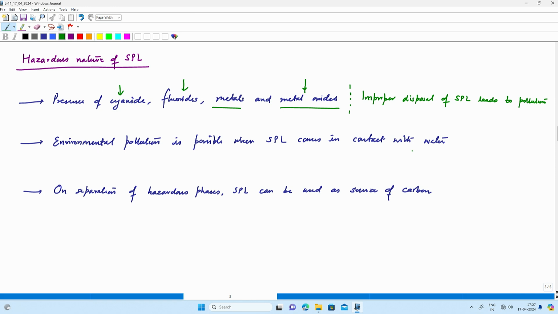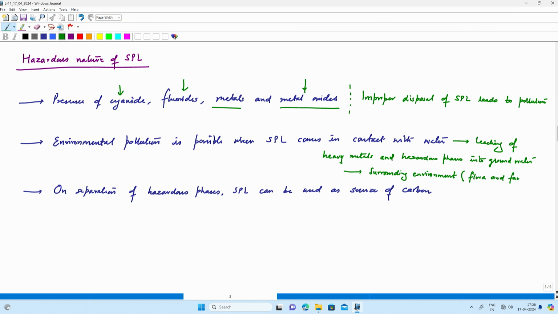Environmental pollution is possible when SPL comes in contact with water, and this actually means leaching of heavy metals and hazardous materials into groundwater, which again creates impact, basically it makes the surrounding environment, basically flora and fauna, affected.